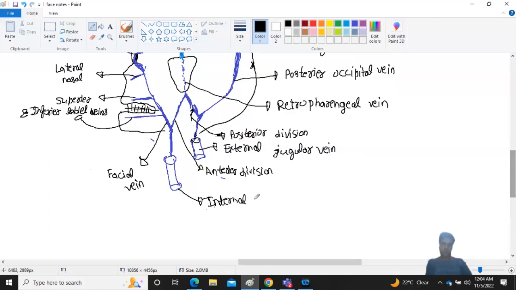Then this is the common facial vein, after fusion with the anterior division.